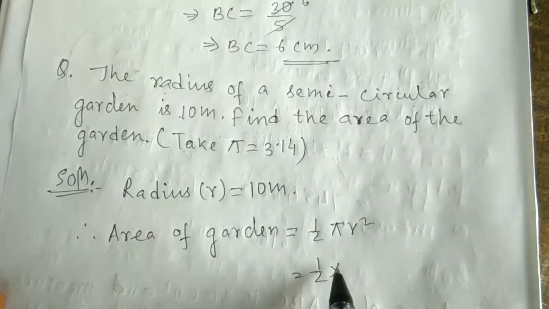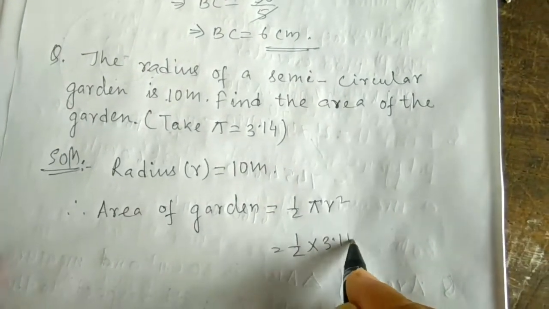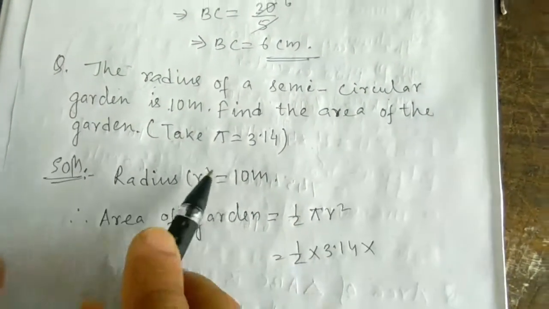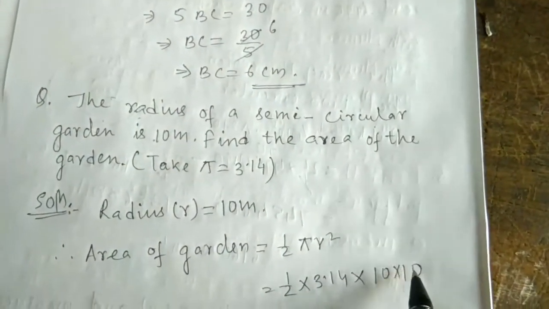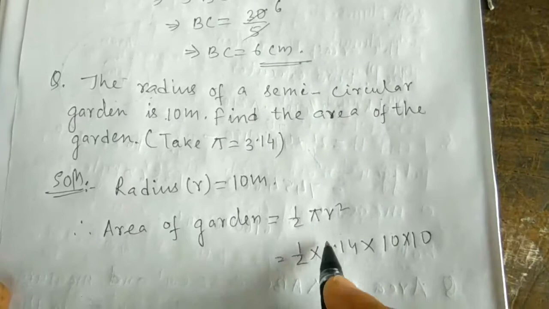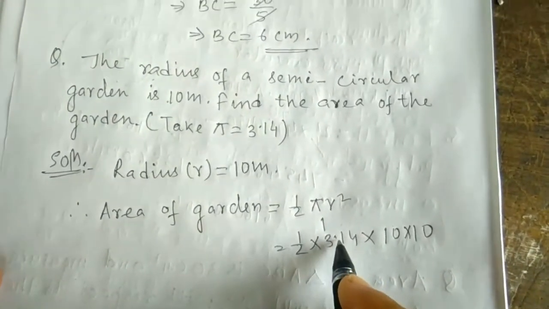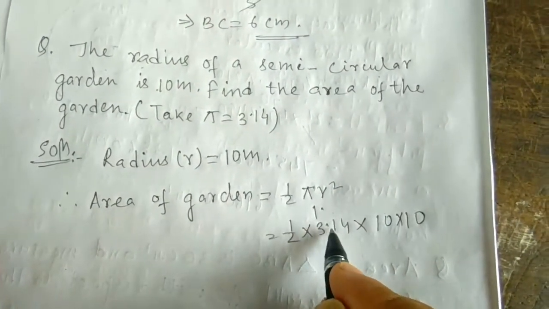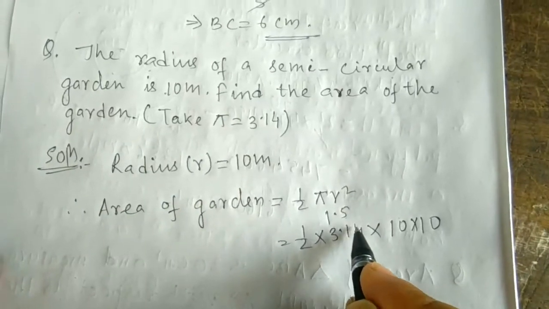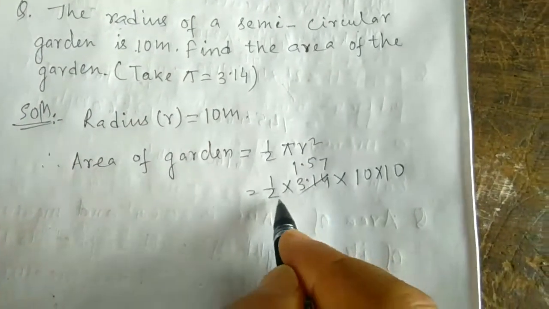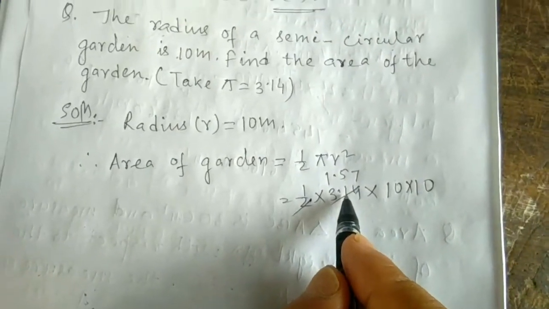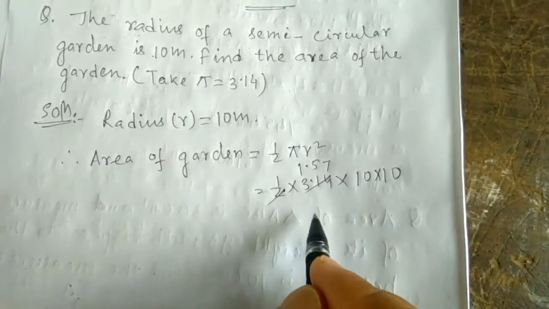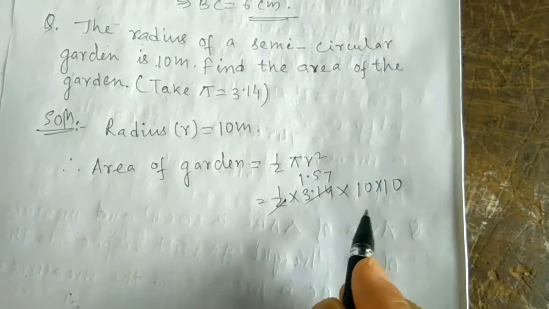Half, the value of pi is 3.14, and the radius is given as 10 into 10. Cancel by 2: 2 1s are 2, 1 remains, 2 5s are 10, 1 remains, 2 7s are 14. I think you understood the cancellation. After the point, put two figures here.